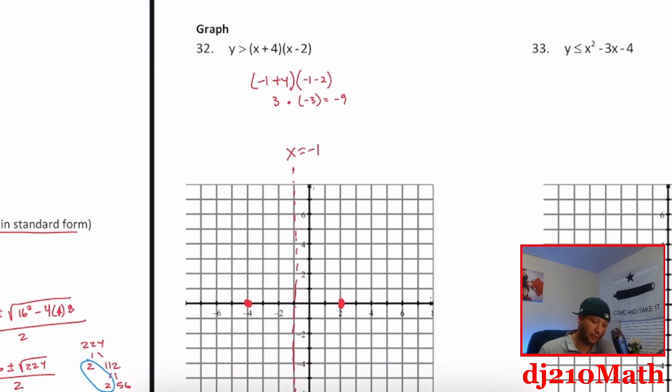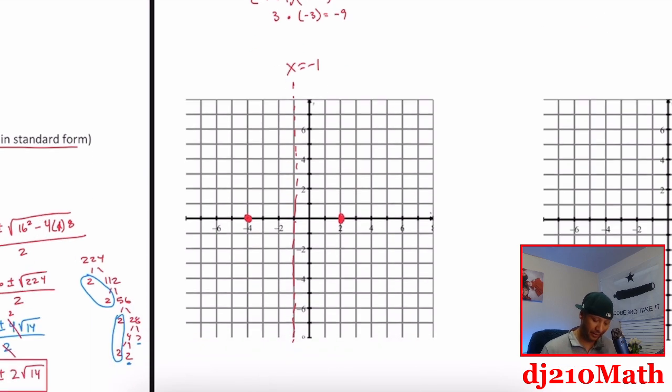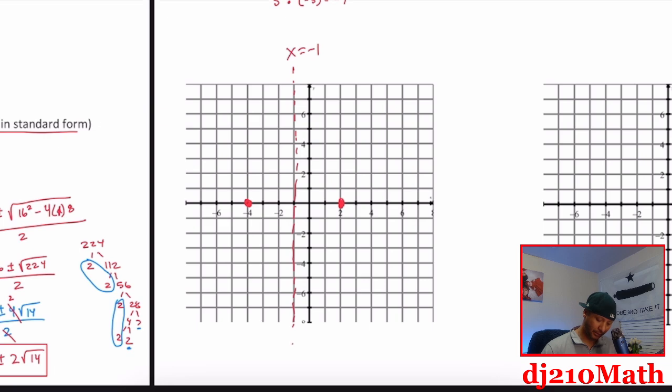Negative 1 minus 2 is negative 3. 3 times negative 3 is negative 9. We don't even have enough graph to do this on, so this is going to be down here.